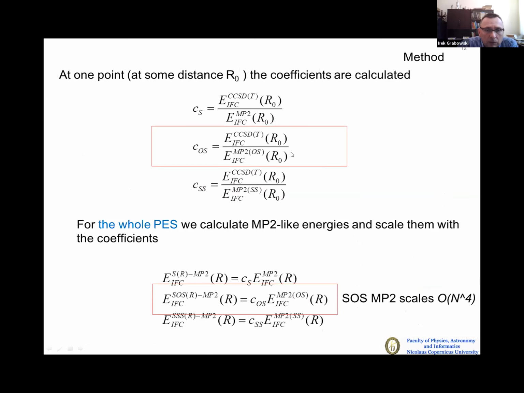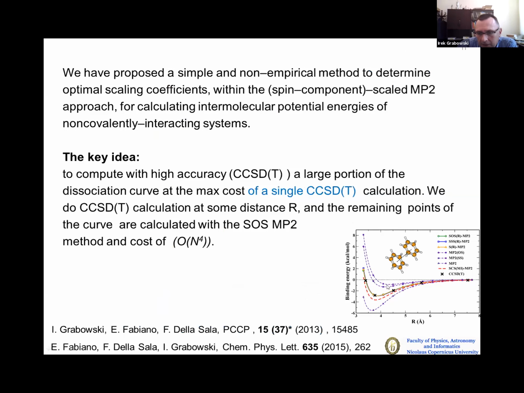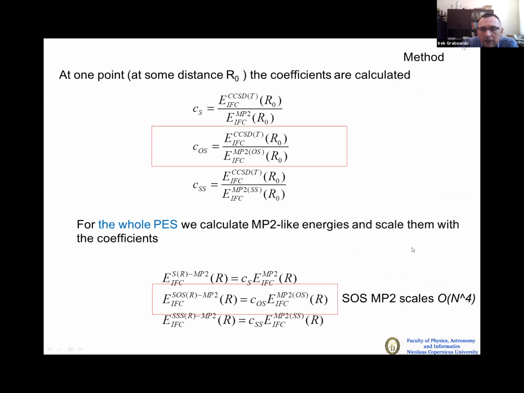For example, if you want to scale only the opposite spin part of the MP2 energy, we can calculate this coefficient at some distance, and then the rest of the curve we can calculate using this fixed coefficient and simple MP2 energies calculated from the opposite spin part of the MP2.